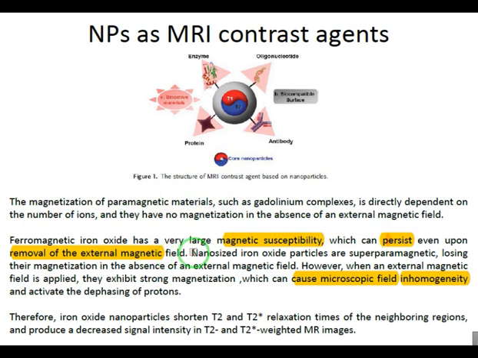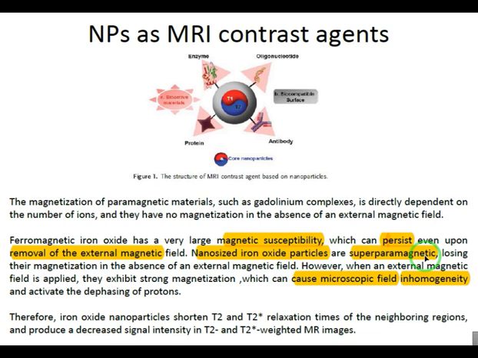It means that if we apply a magnetic field and then remove it, for ferromagnetic materials the magnetic property is still present. But nano-sized iron oxide particles become superparamagnetic.